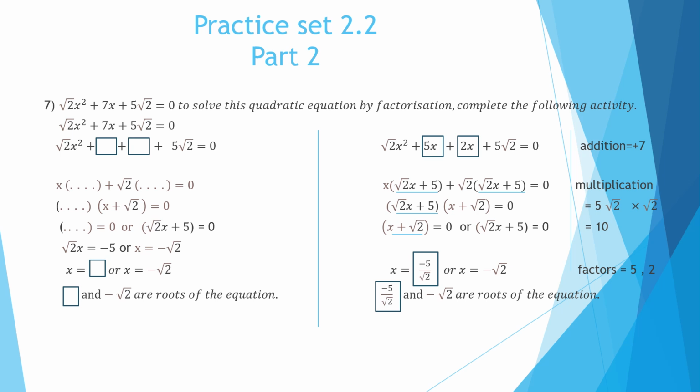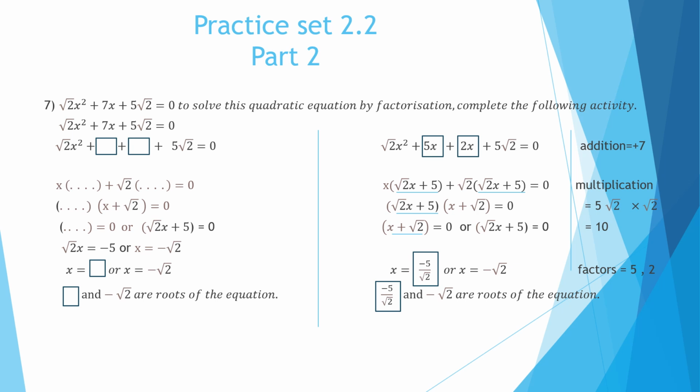So the factors whose multiplication is 10 and addition is plus 7. So the factors are 5 and 2. 5 plus 2 is equal to 7 and 5 into 2 is equal to 10. So the factors are 5 and 2.